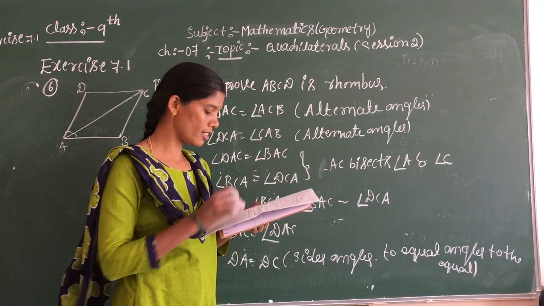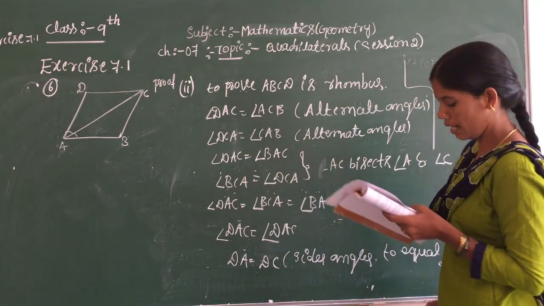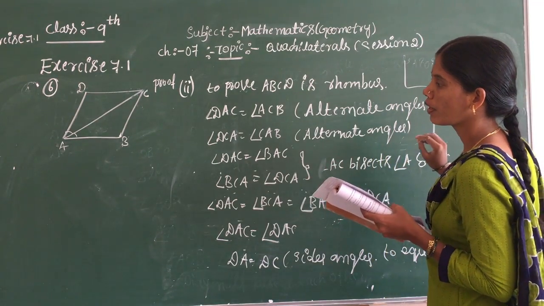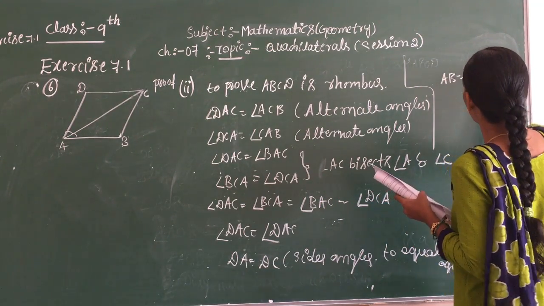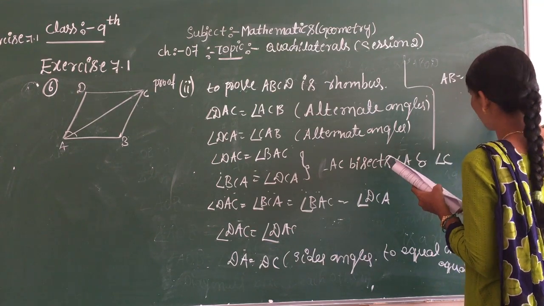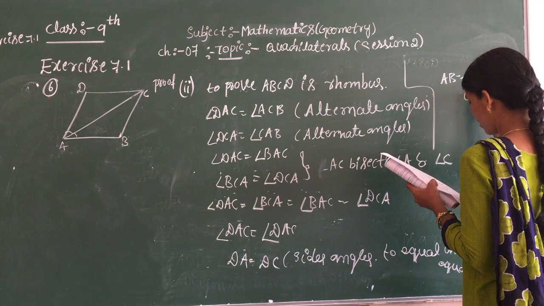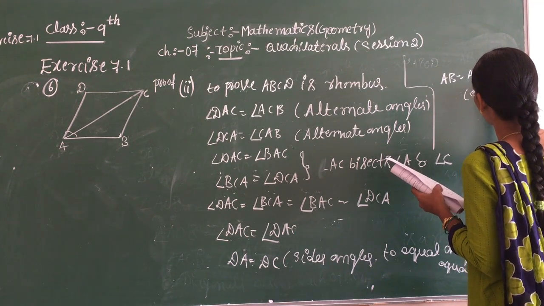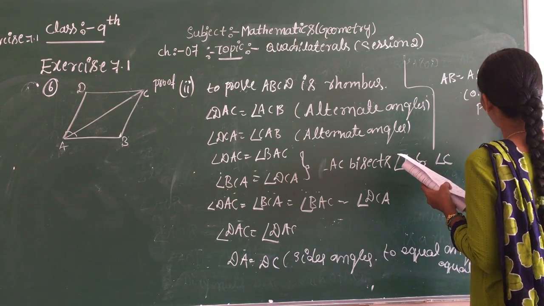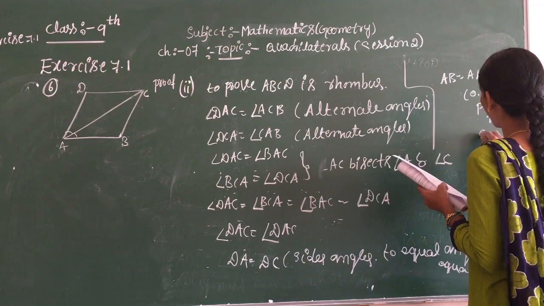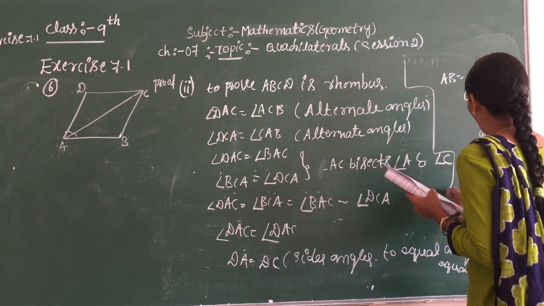Now next, here AB is equal to AD, and DA is equal to BC, because opposite sides of a parallelogram are equal.